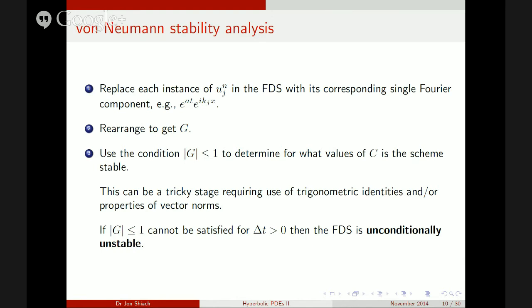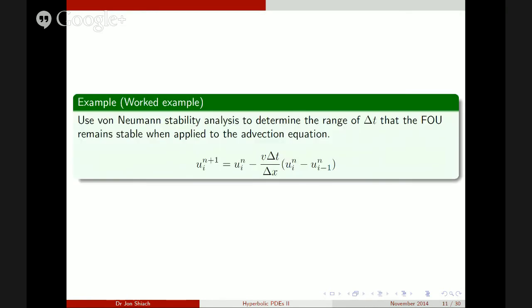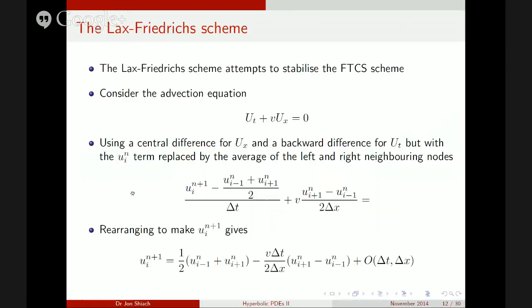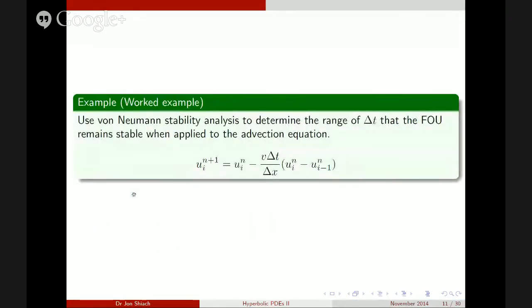Okay. So I'm going to look at a worked example. It's in your notes, but I thought I'd go over it, so you can see what steps I take. And just before I do, so it's a first order upwind scheme. I'm just going to write it down before I switch to the visualizer.